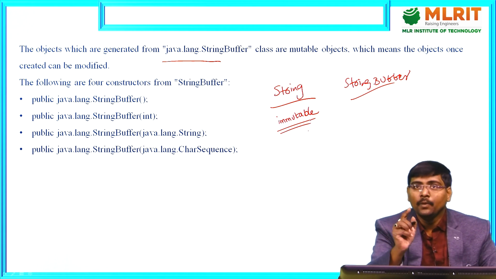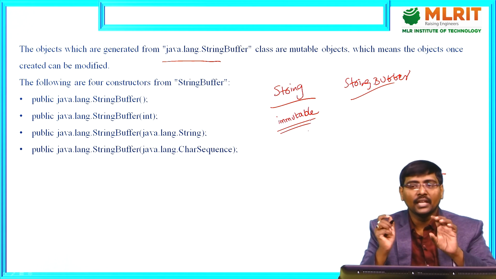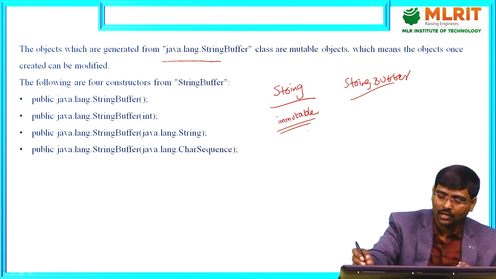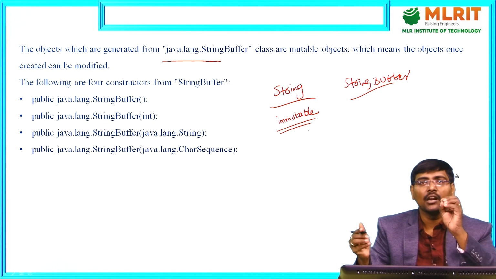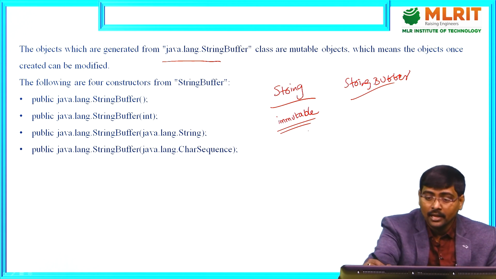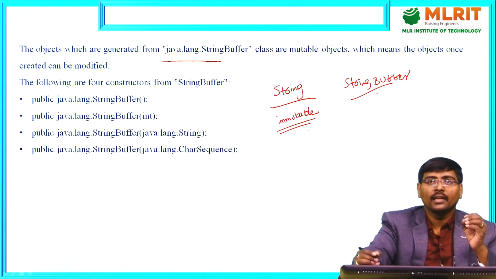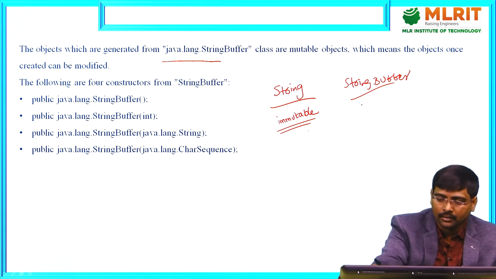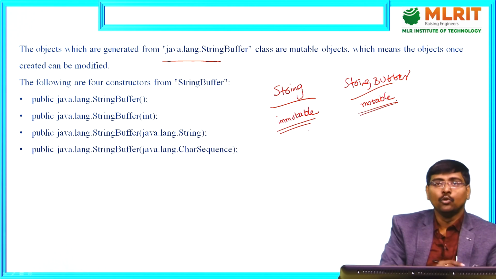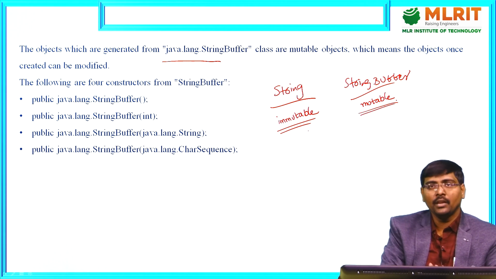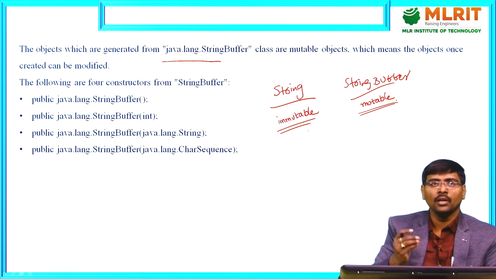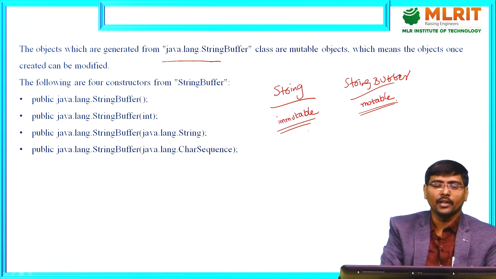Immutable in the sense, once we create a string, it is not possible to modify. And if you are creating the string object by using StringBuffer, the objects are mutable objects. Mutable means after creation of the string also, it is possible to modify the string.